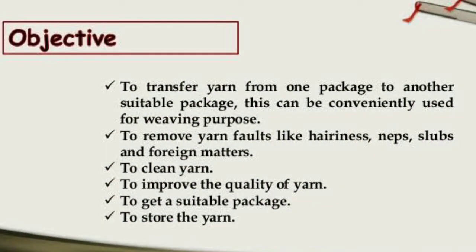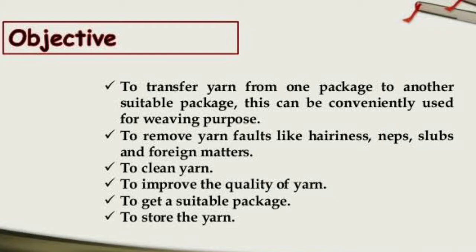Now we will talk about the objectives of the winding machine. Number one is getting a bigger package from the smaller package. Number two is the removal of slubs, thick and thin places like neps, and these imperfections of the yarn are removed in the winding section.